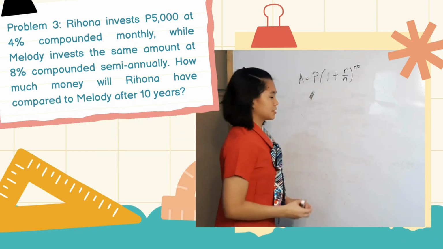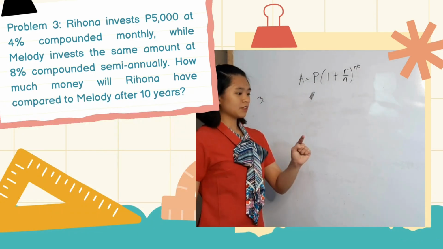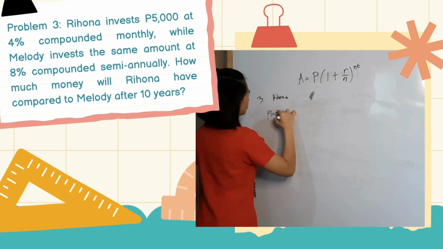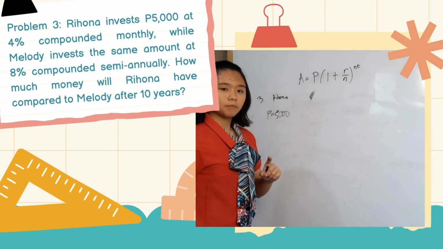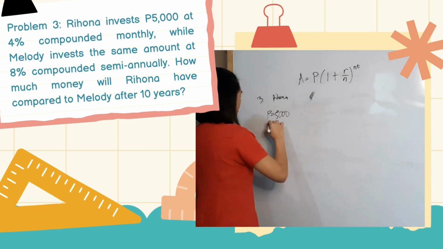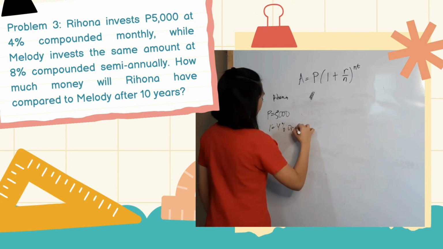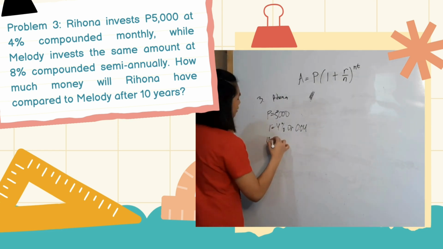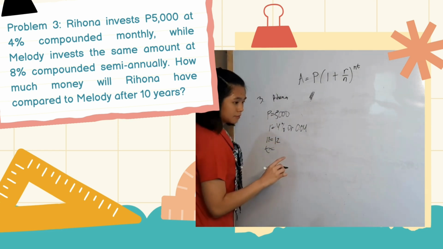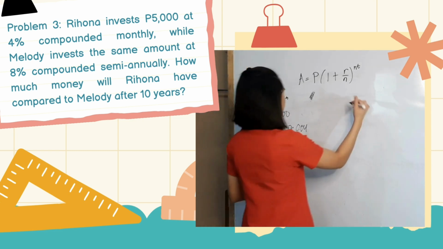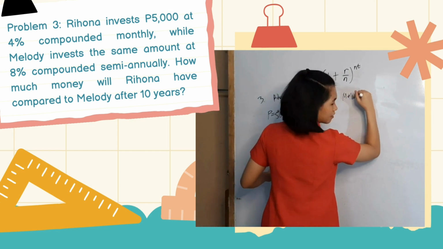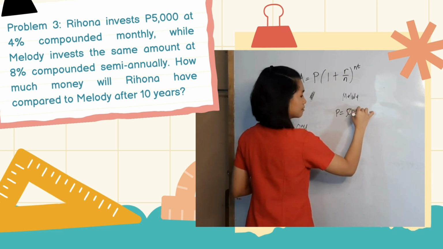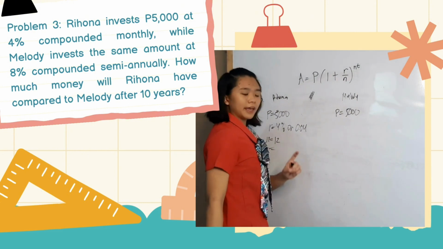Now for our third question. Rainah invests 5,000. So P is equal to 5,000 at 4% compounded monthly. So the rate is 4% or 0.04, compounded monthly. In a year we have 12 months, so N is equal to 12. Melody, a friend of Rainah's, invested the same amount, 5,000, at 8%.